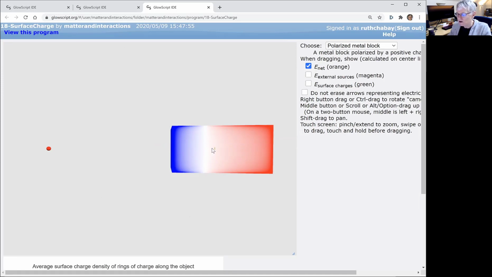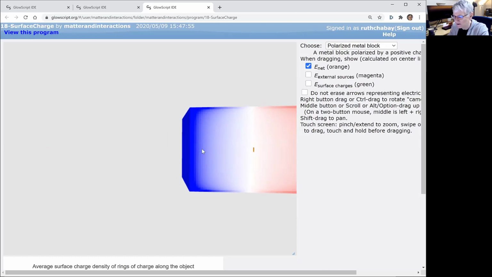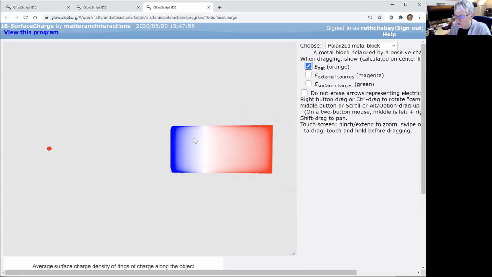Now if I drag across here, we see that everywhere the net electric field is a zero length arrow, just that little wibbly thing here. So we've got an electric field that somehow magically comes out to 0 everywhere inside this block. Well, let's see how that works.